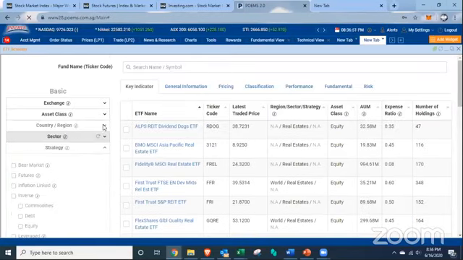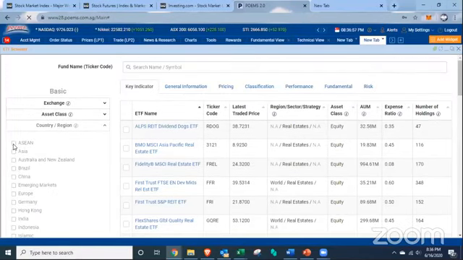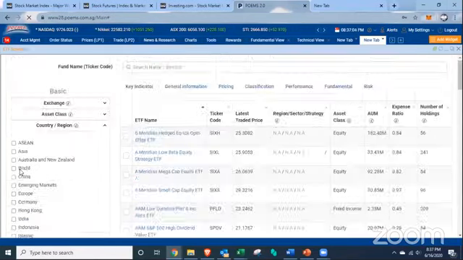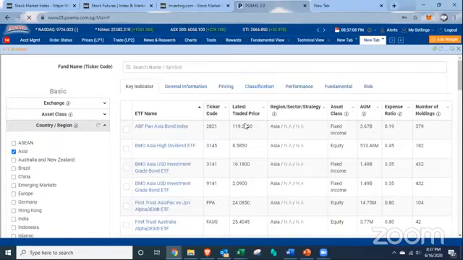Then maybe you want to see just a certain country, maybe just Asia. First, maybe you want to select Asia. Then you can see all these ETFs that are related to Asia.